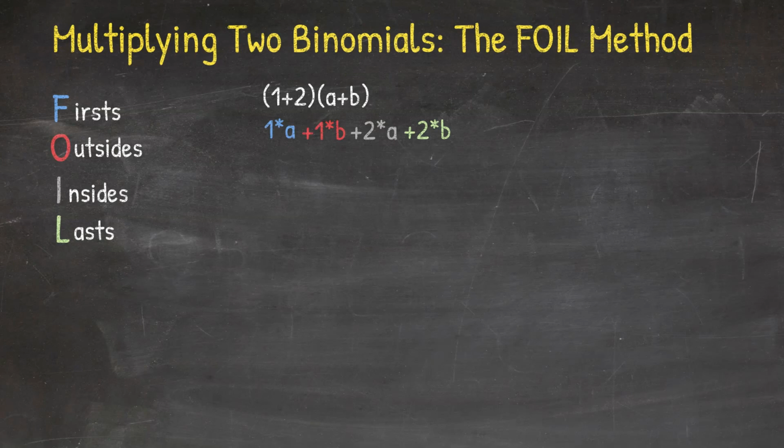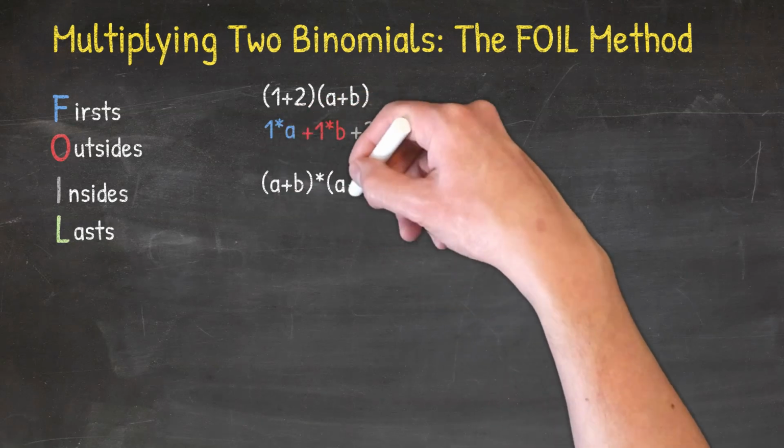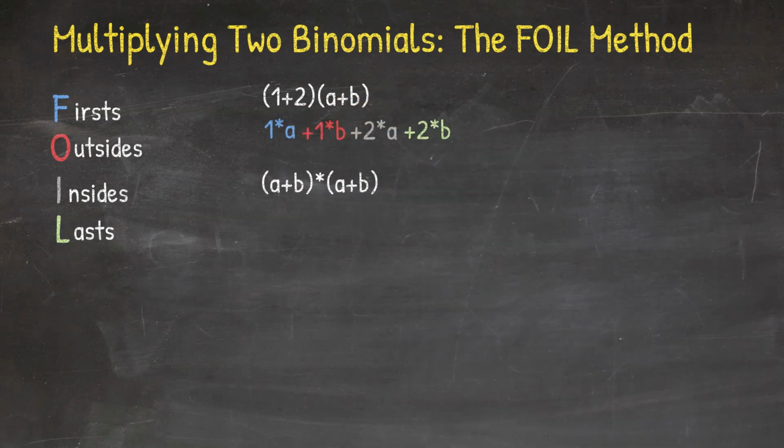And by the same method, the second example would be a plus b times a plus b. The firsts would be a's. The second case would be a times b. Outsides, insides, b times a, plus lasts, b times b.